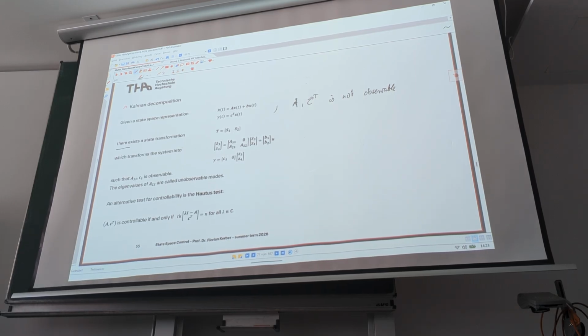Again, we can find similar terminology: the eigenvalues of A22 are called the unobservable modes. And we have something similar to stabilizability, which we then call detectability.